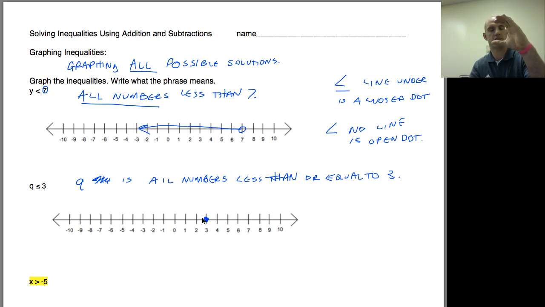Here, when it was less than 7, it was saying it can't be 7, all the way up to 7. But 3 could be it, so we're going to close it. It's really representing all the numbers that are less than 3, right? And so your arrow should cover numbers that are less than 3, and they do. Negative 2, negative 1, 0, 1, 2, all those numbers are less than 3.